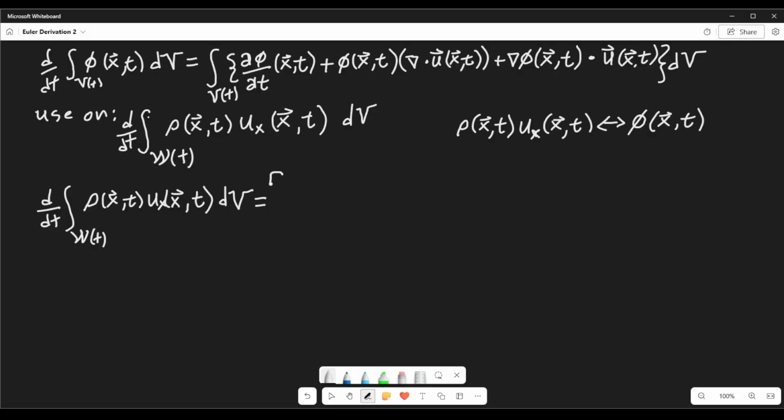So this turns into an integral over the same blob, which is the volume that depends on time. And then it has a partial derivative dependence on time times rho, and this is actually the partial of this whole thing.